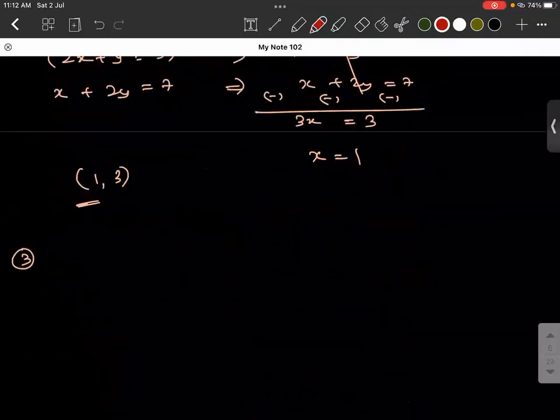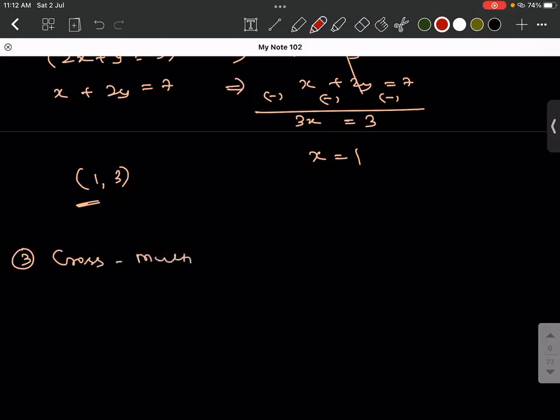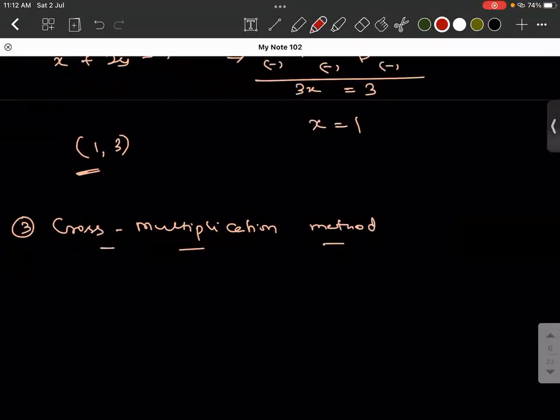Third is the cross multiplication method. This is also simple only. Let's say the equation is of the form a1x plus b1y plus c1 is equal to 0 and a2x plus b2y plus c2 is equal to 0.